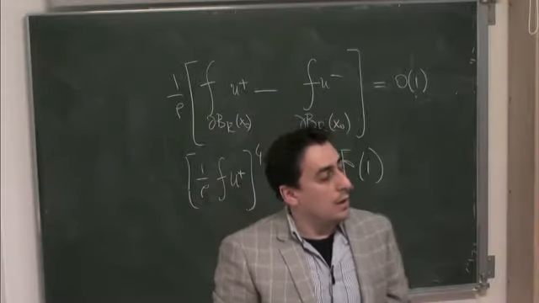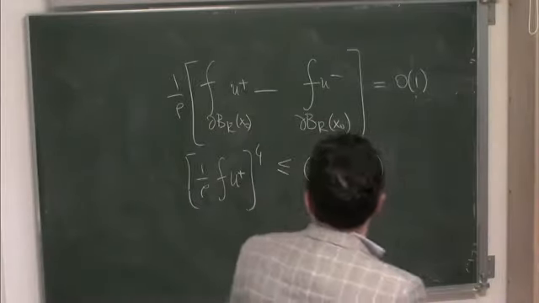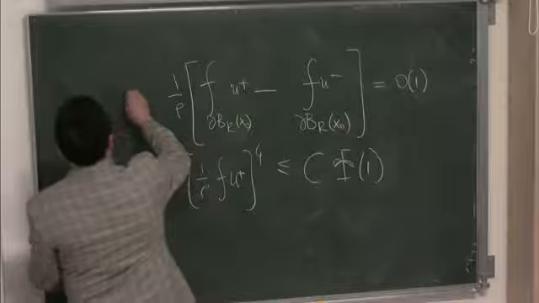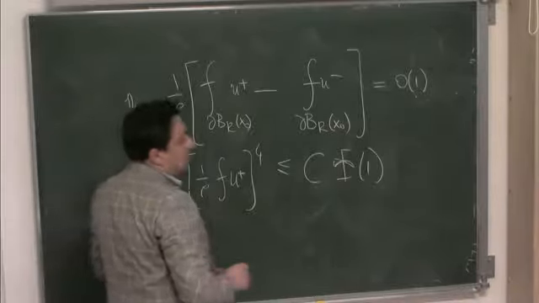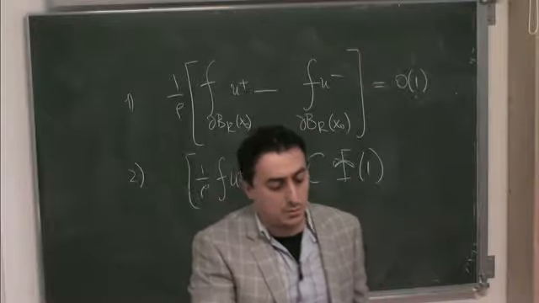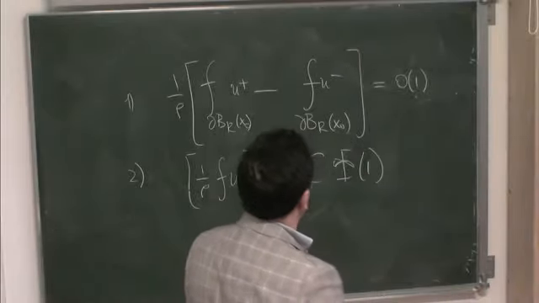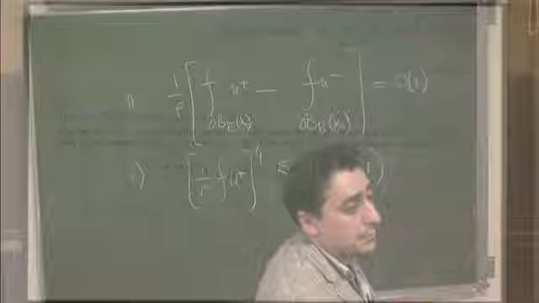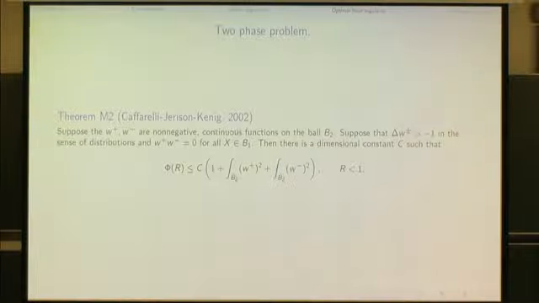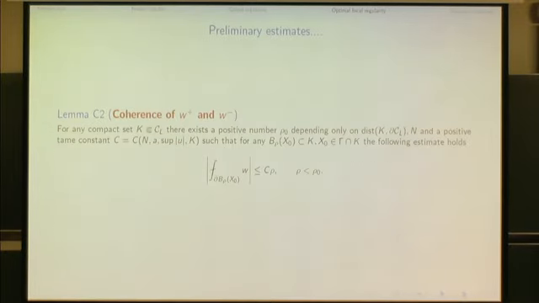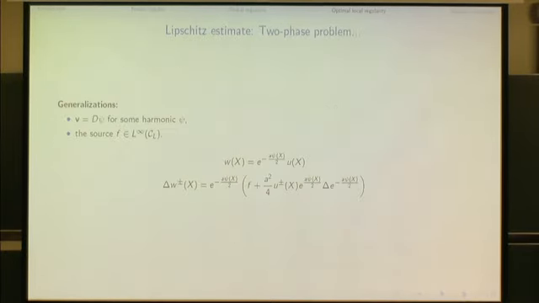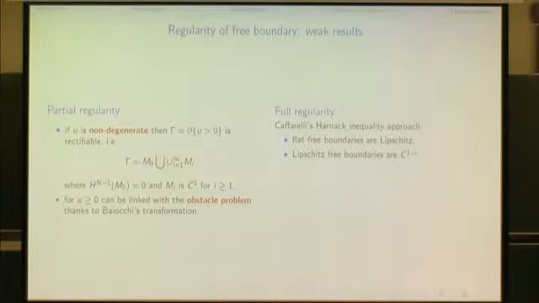Okay, and just combining these two inequalities, you'll conclude that both mean integrals for U plus and U minus are bounded if you stay uniformly away from the free boundary, and therefore you get linear growth, which implies the Lipschitz regularity. Okay, so this is the local Lipschitz regularity of the solution.